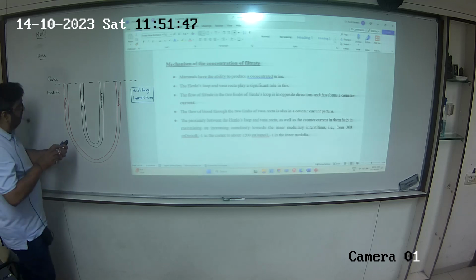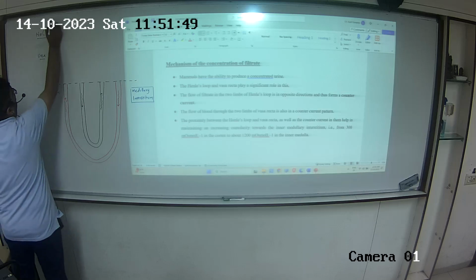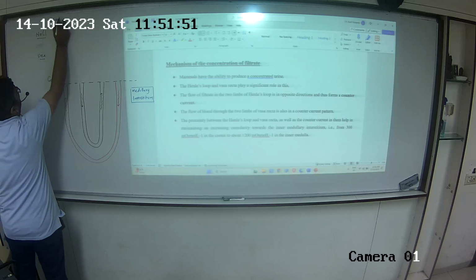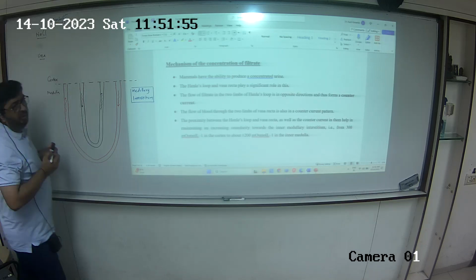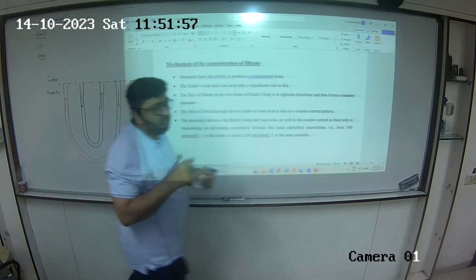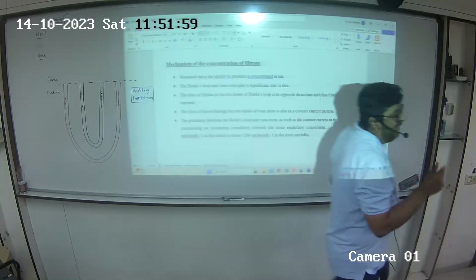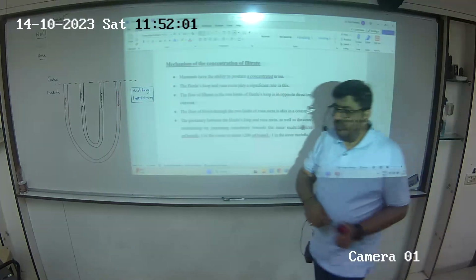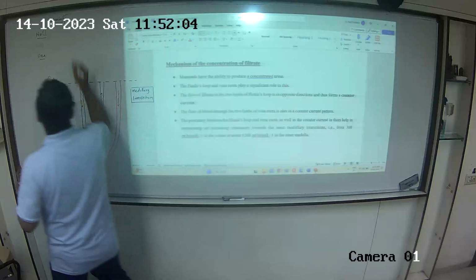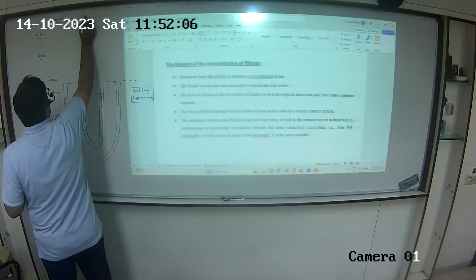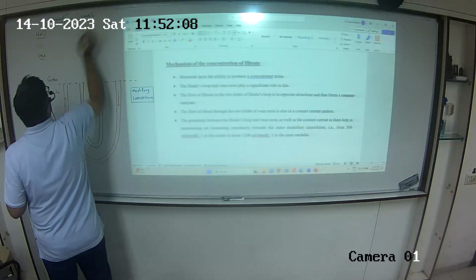So one more term comes into the picture here now, osmolarity. How do you define osmolarity? The number of solute molecules in a liter of solution. And the unit of osmolarity is osmoles per liter.